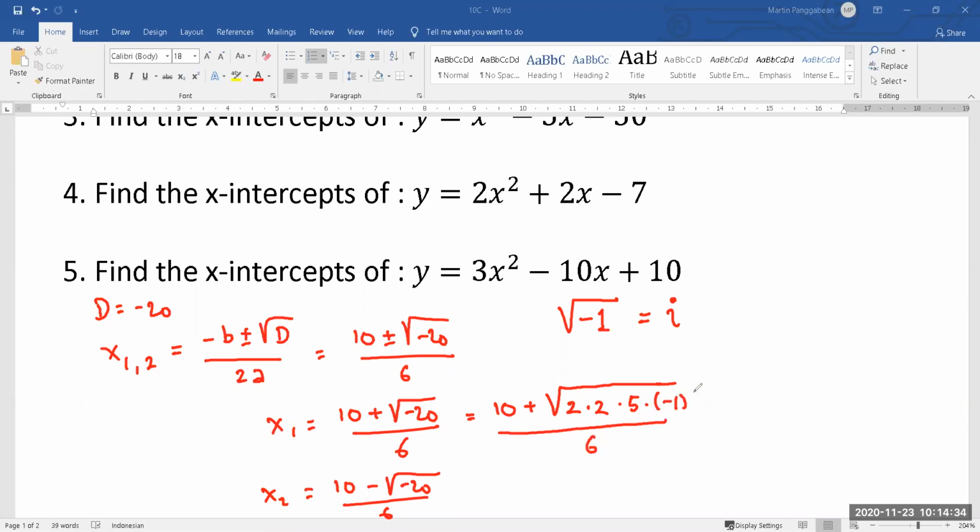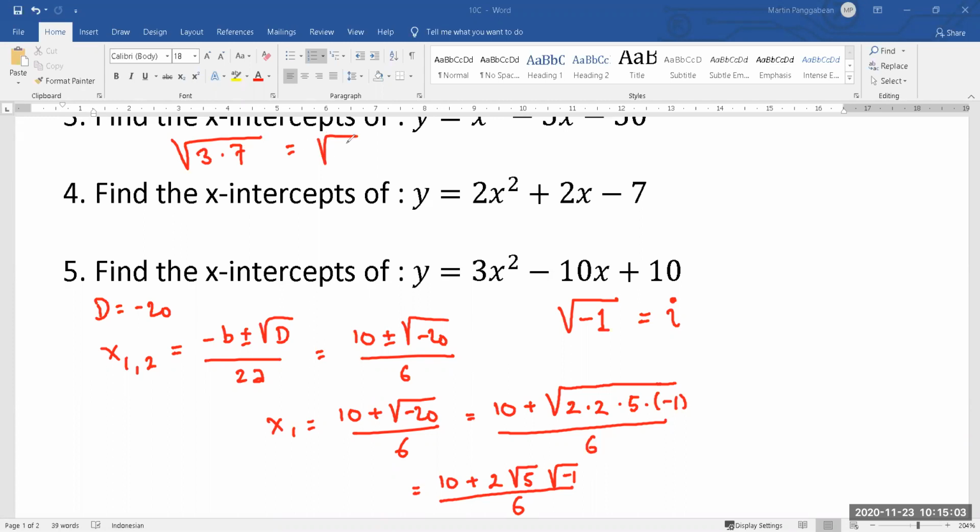Let me show you how to simplify this. It equals 10 plus 2 square root of 5 times square root of negative 1, over 6. Keep in mind in radicals, the square root of 3 times 7 equals the square root of 3 multiplied by the square root of 7.